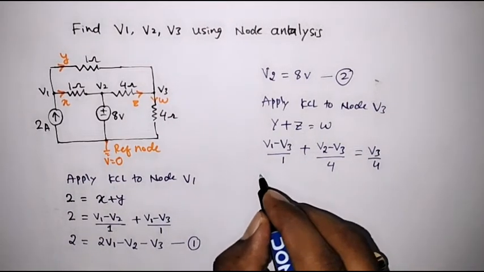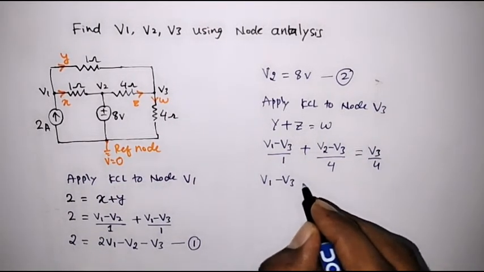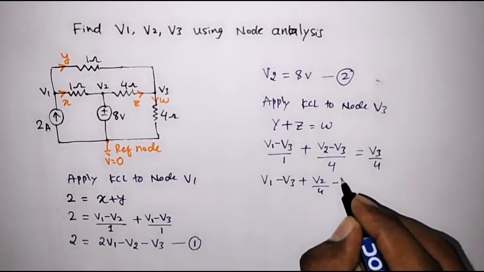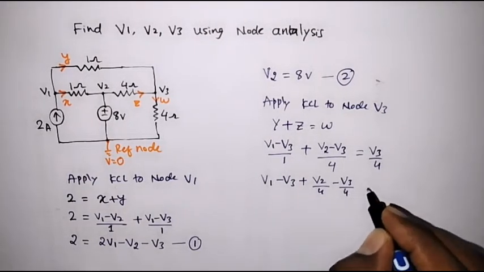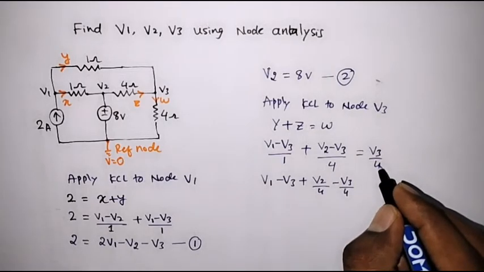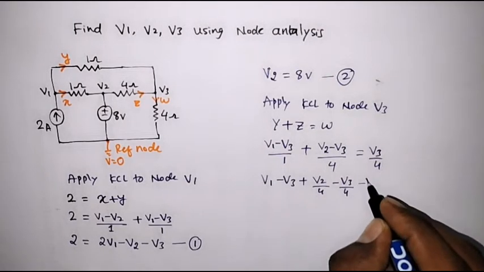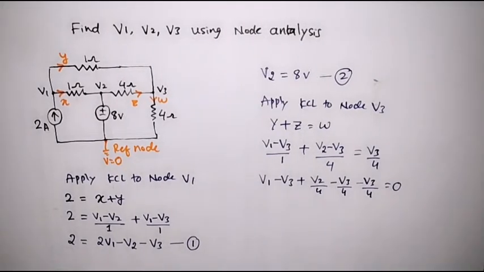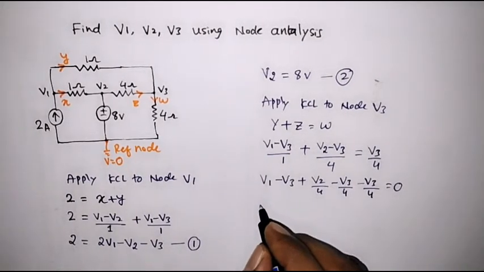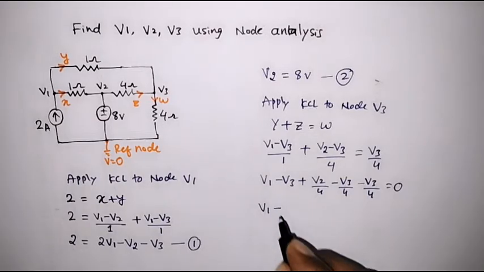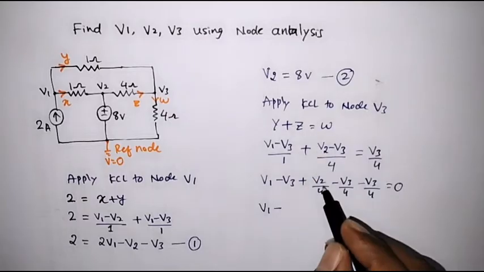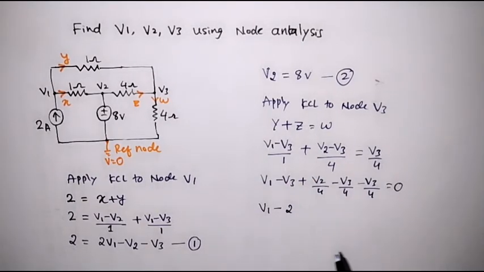Simplifying this, I can write V1 minus V3 plus V2 by 4 minus V3 by 4. I'll take this V3 by 4 to the left hand side, so it becomes V3 by 4 is equal to 0. Simplifying further, V2 value is 8 volts, so 8 by 4 is 2.